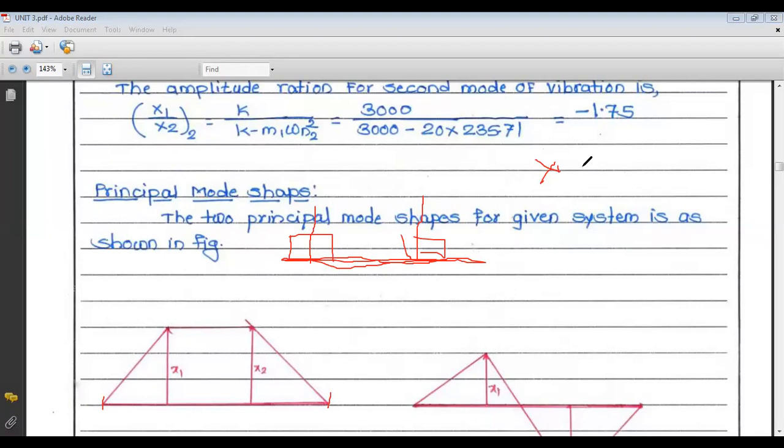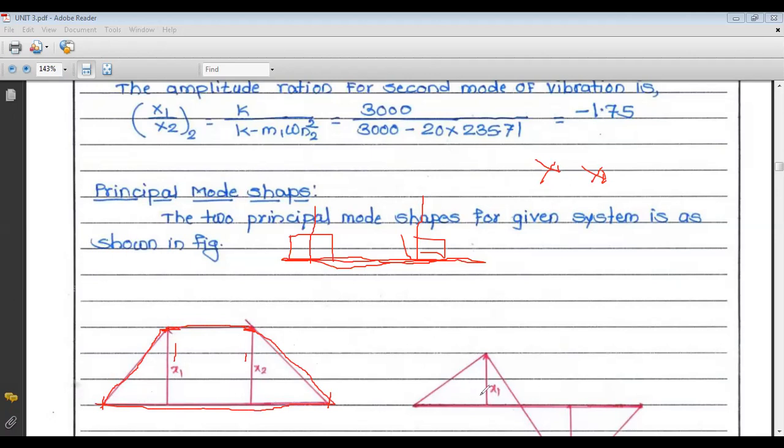Take x2 as 1 unit, so we get the value of x1 as again 1 unit. So draw this diagram. This is the first mode shape.